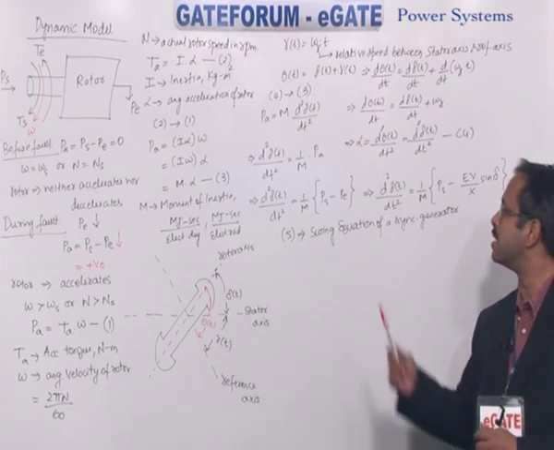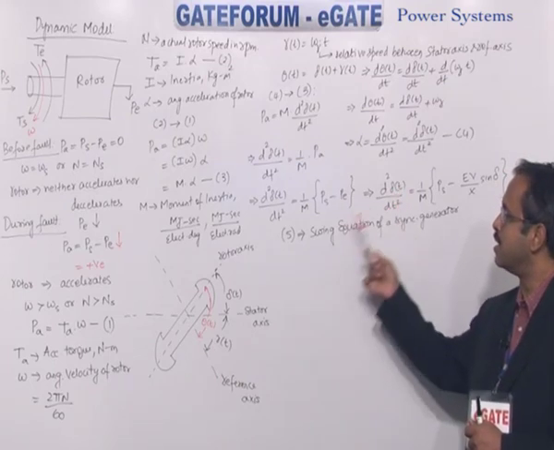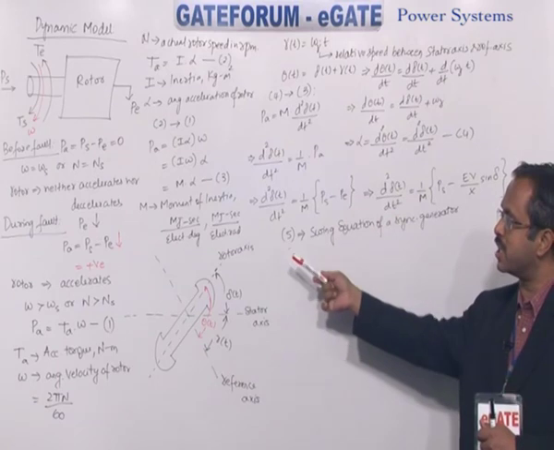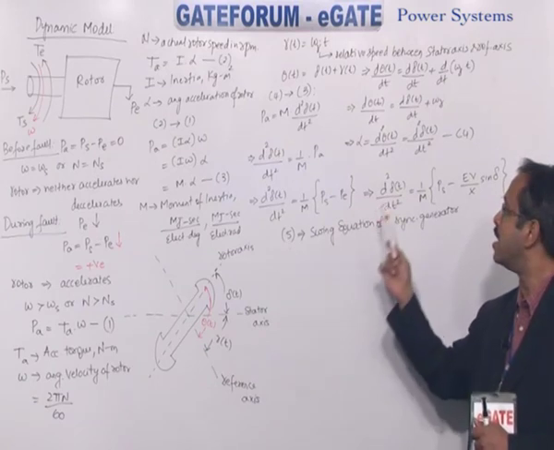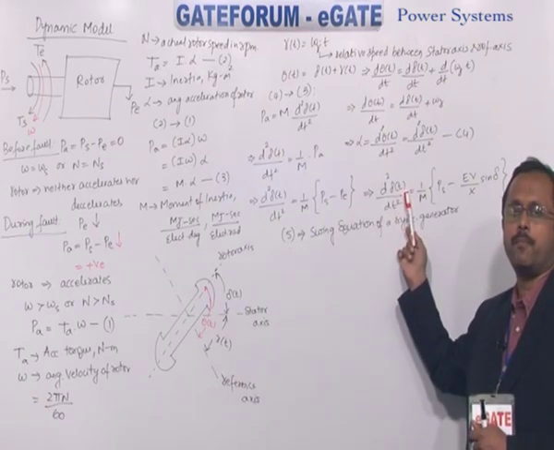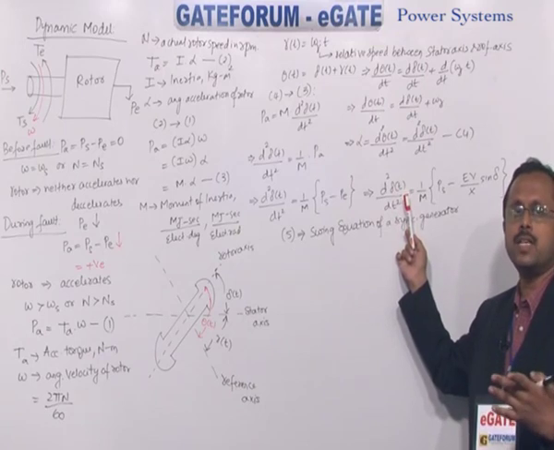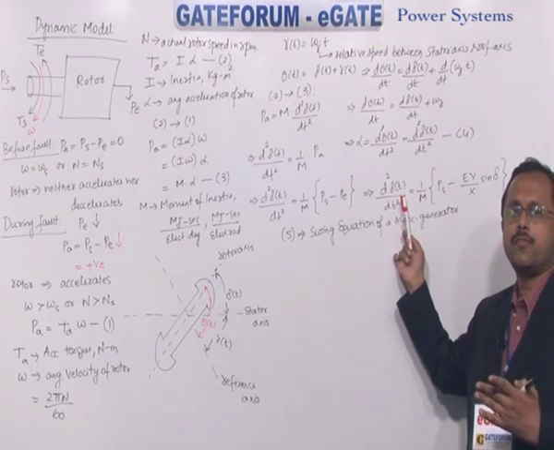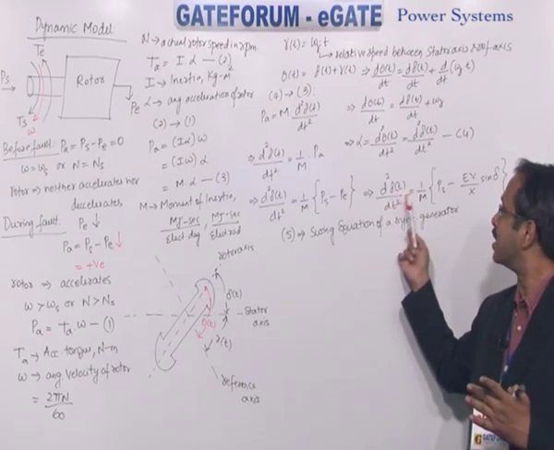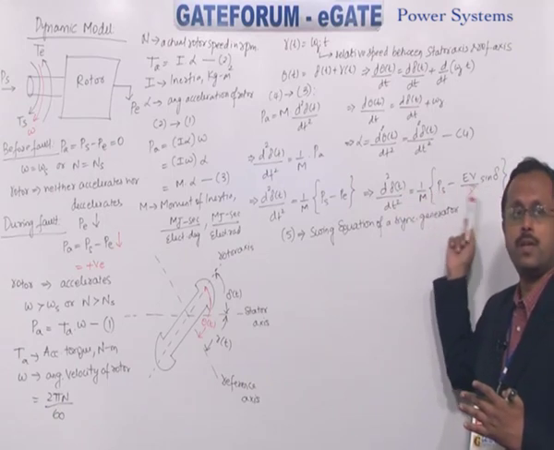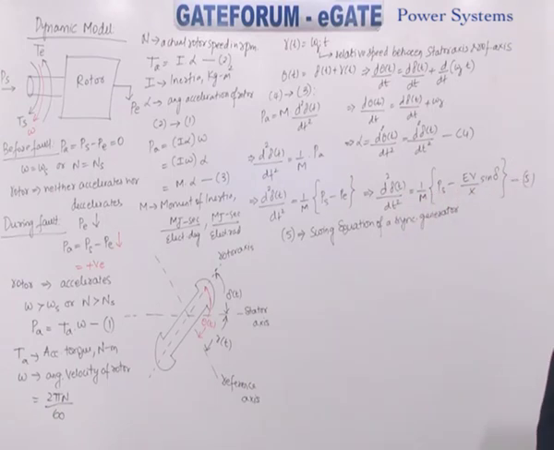It determines delta, the position of the rotor with respect to the stator, as a function of time, for the duration the system is subjected to sudden and large changes in load demand.